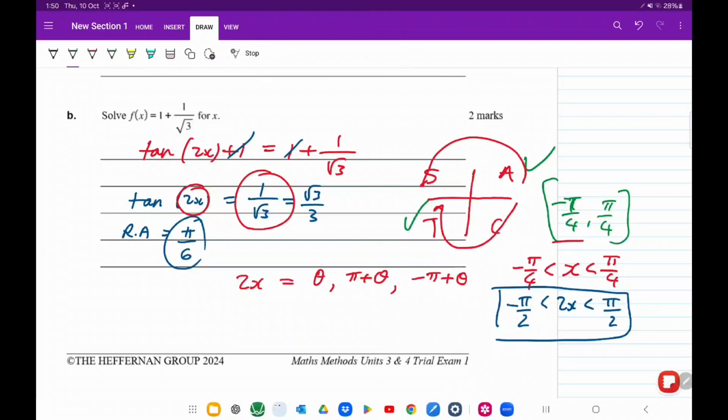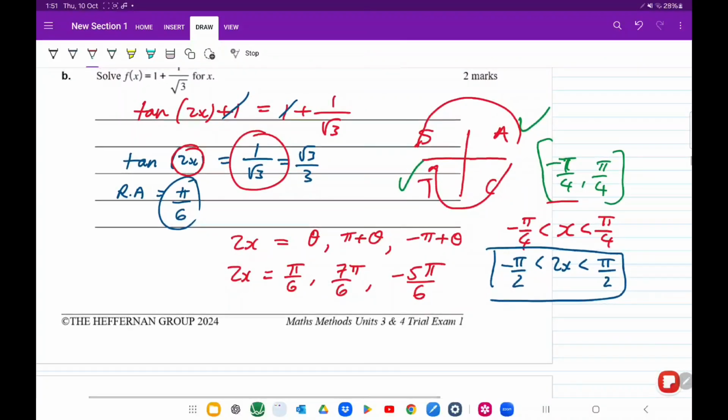When we work these out, we get 2x is equal to, the theta one is going to be pi on 6, the adding one is going to be 7 pi on 6, and the last one is going to be negative 5 pi on 6. Now let's solve for x.